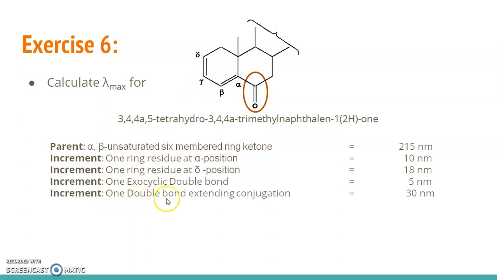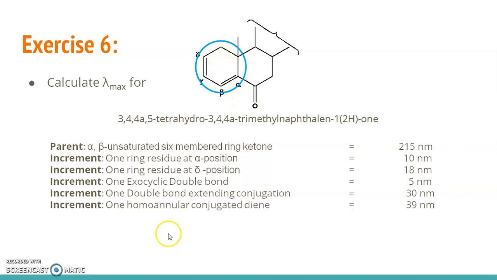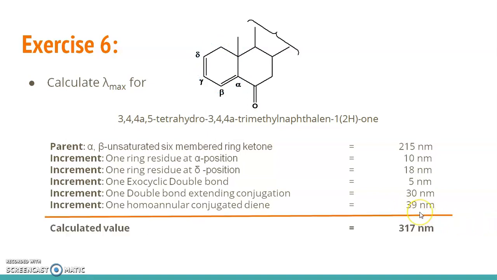So I will add one double bond extending conjugation as 30 nanometer, and this whole molecule I can see as a homoannular conjugated diene because both the double bonds are within the ring. So I call this a homoannular conjugated diene and assign the value as 39 nanometers. If I sum this, I have 317 nanometers and observed is 319.